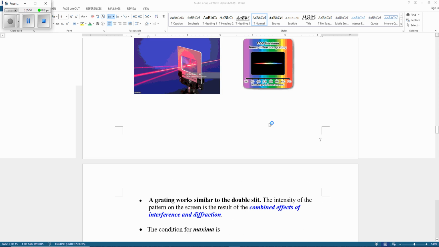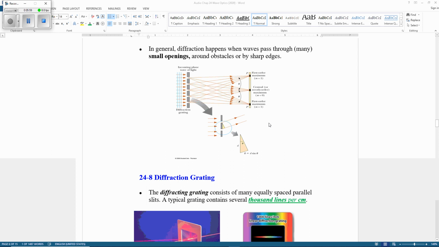Okay, now we look back at this one again. This distance is so small. Remember, the distance from here to there is 1 micrometer because it's 1,000 per millimeter, right? So that's 1 micrometer, 1 micrometer.